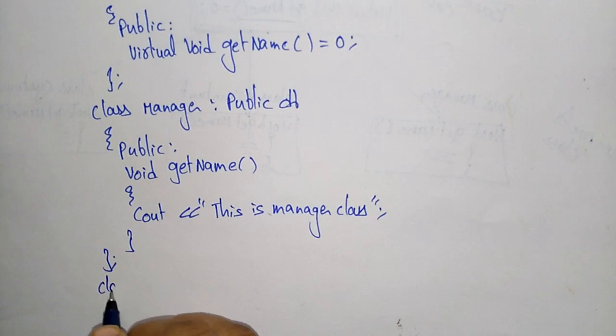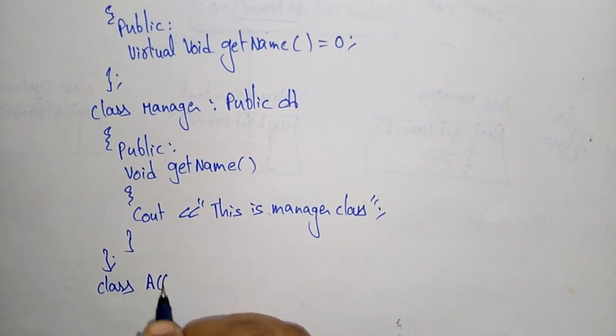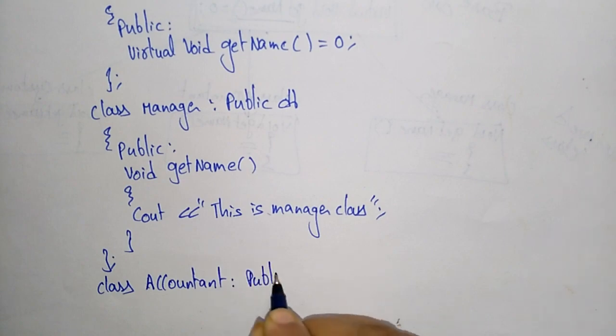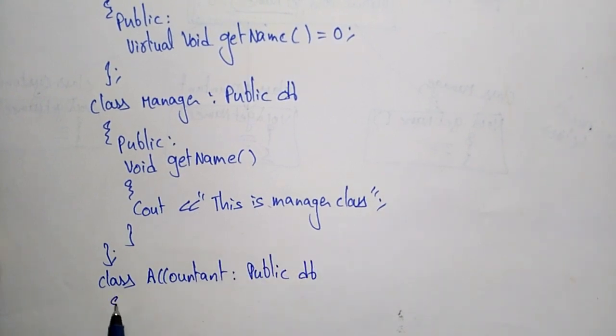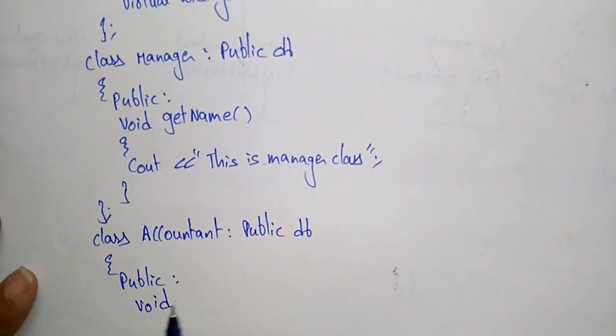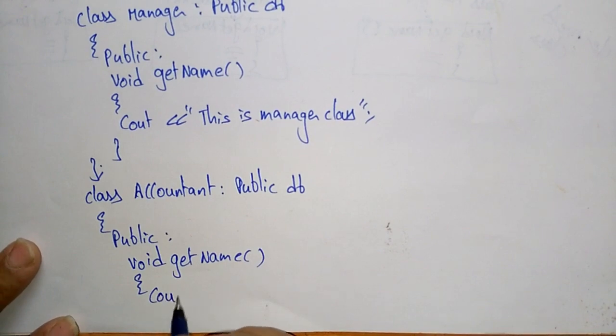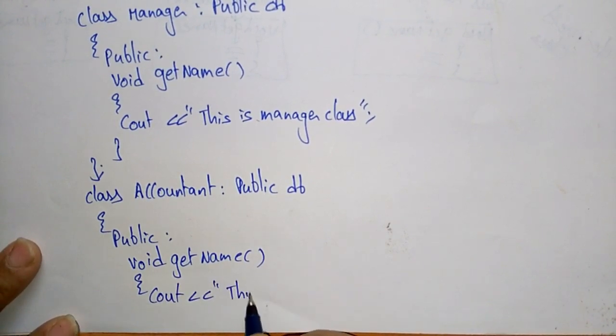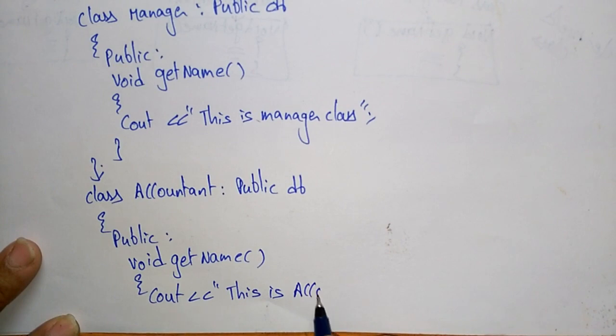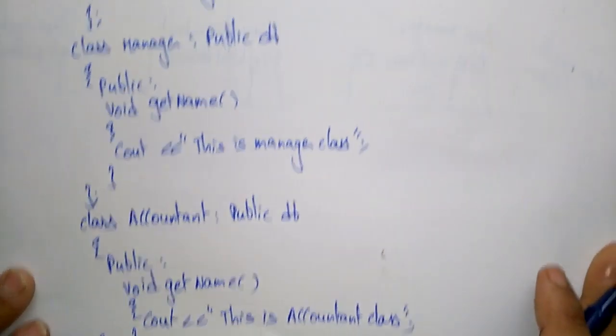Now I am calling another derived class, class accountant, public database, where database is the base class. Now calling the function void getName, writing its own definition, that is, it prints cout, this is accountant class. Close the class.